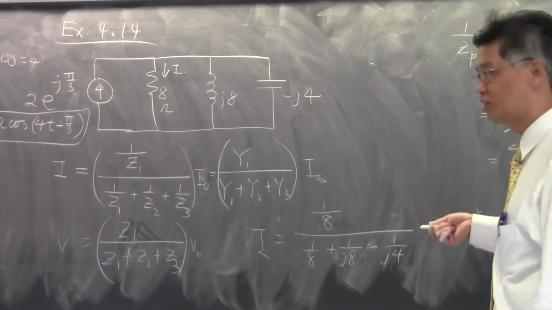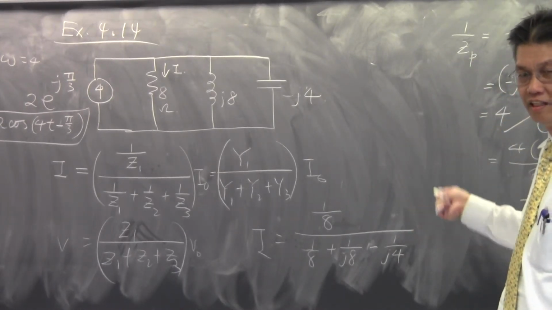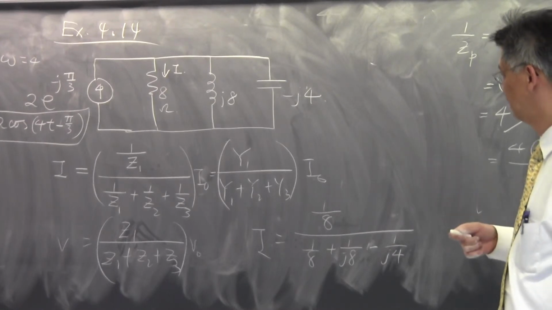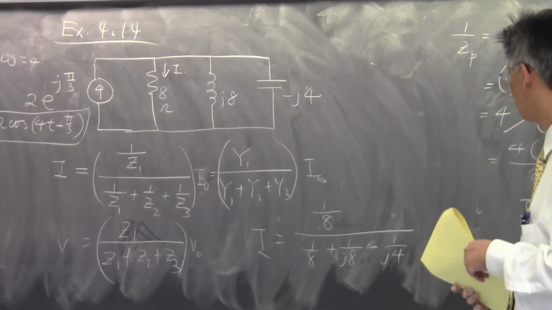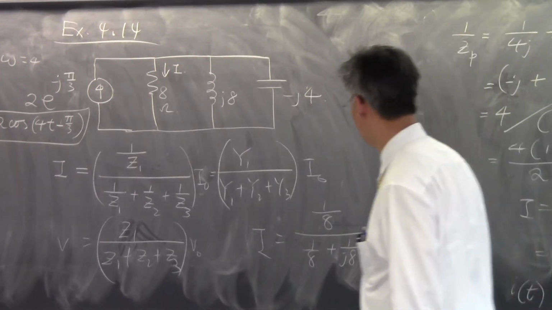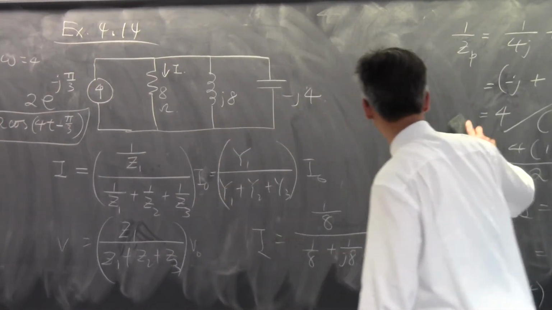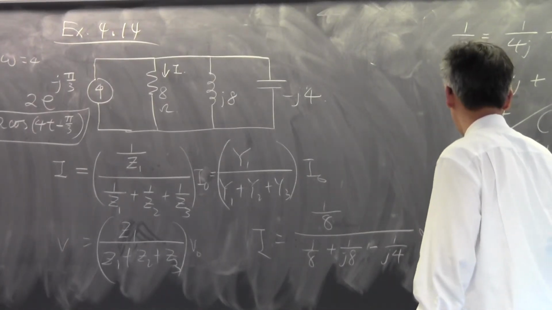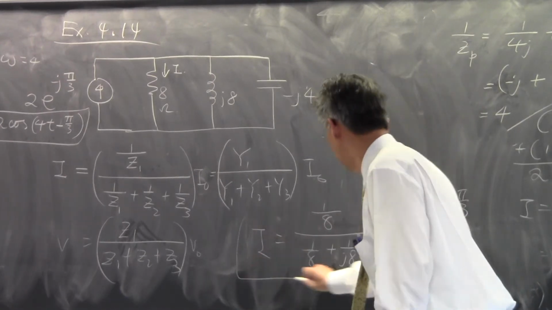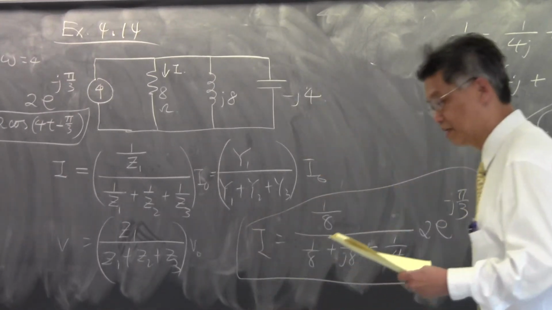If I work this out into polar form, then you can convert it back into the ordinary time domain form. I have to multiply by I naught, which is not that trivial. I naught is 2 e to the minus j pi over 3. You have that formula.